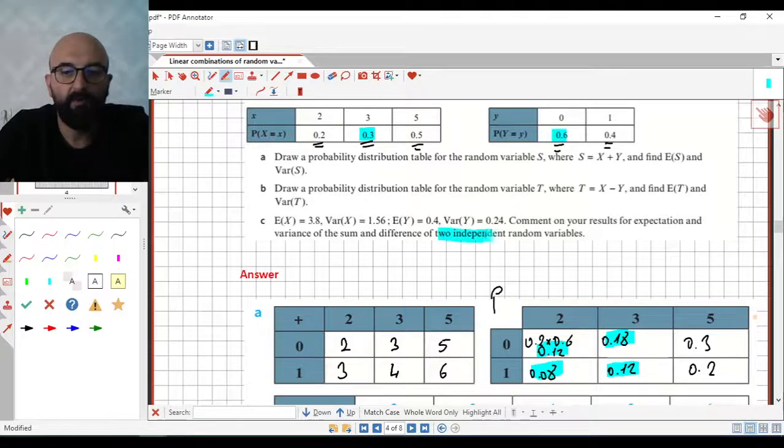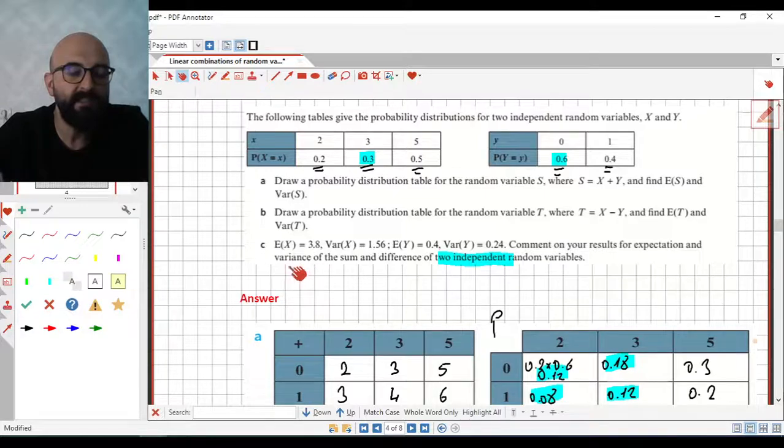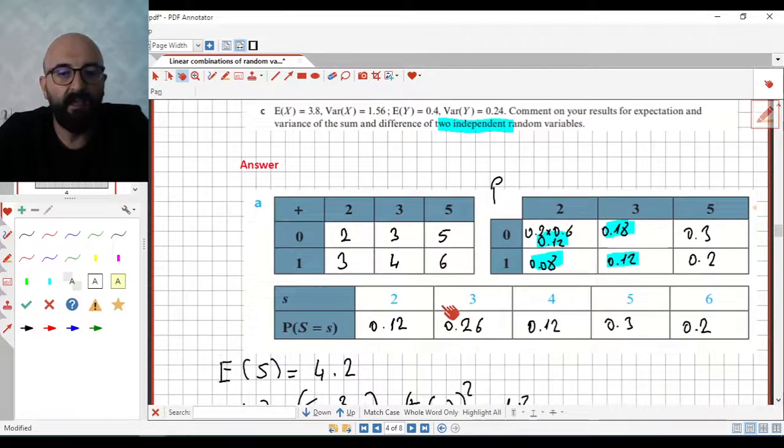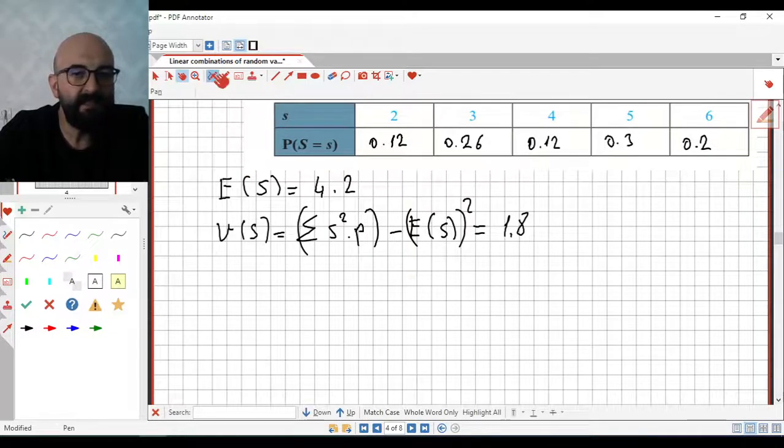Okay, now they gave us the expected value x and the expected value y, and also the variance.